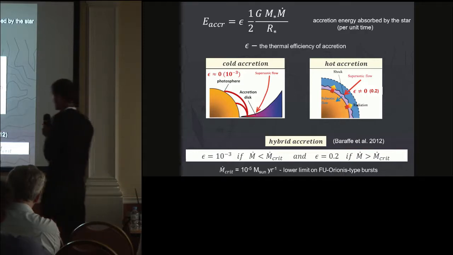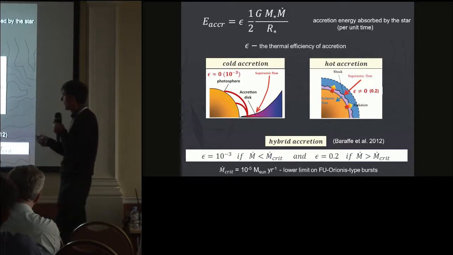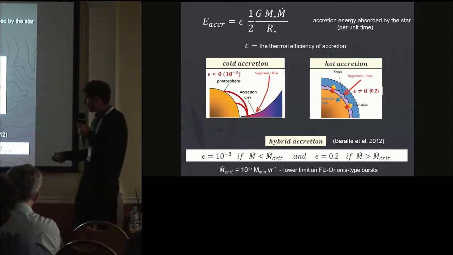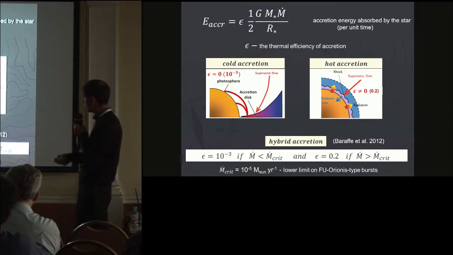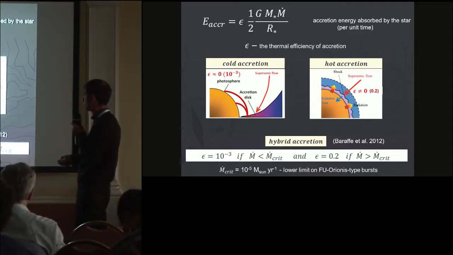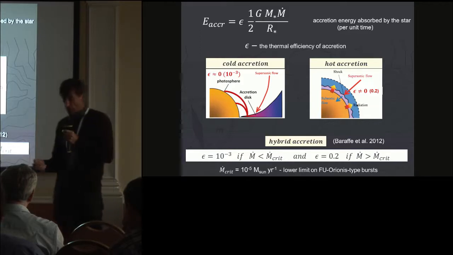There were some hydrodynamic simulations of this, and that means there will be difficulty for the energy to be radiated away. So some of the energy will be absorbed by the star. We actually proposed a combination of these two, a hybrid accretion, which means that accretion is cold if the mass accretion rate is smaller than 10 to the minus 5, and it is hot when the mass accretion rate is larger than 10 to the minus 5.